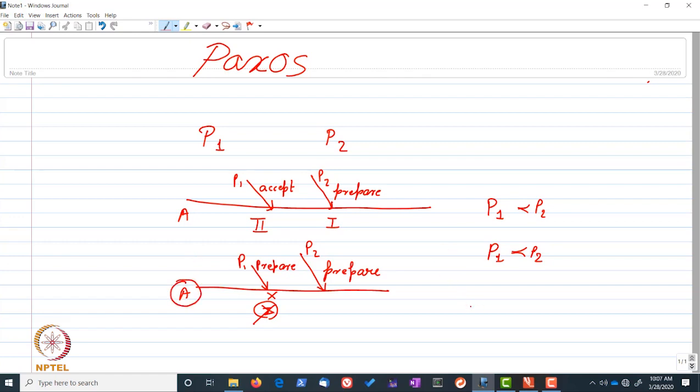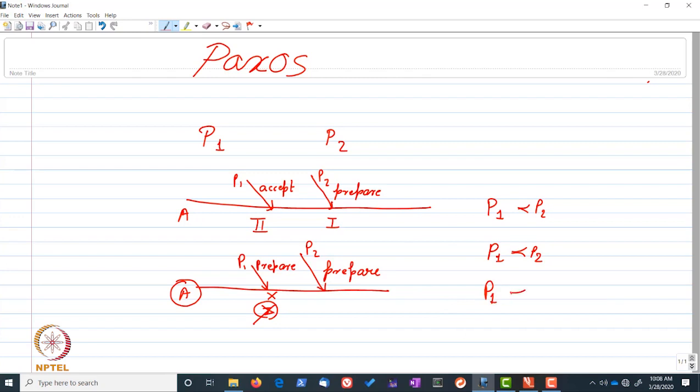So if at all acceptors P1 precedes P2, we then say that P1 globally precedes P2, but we need not go that far. What we want to now show is that it is possible for P1 and P2 to actually be concurrent.